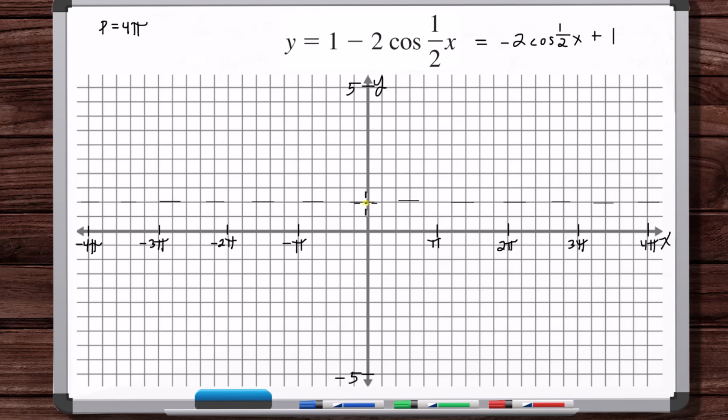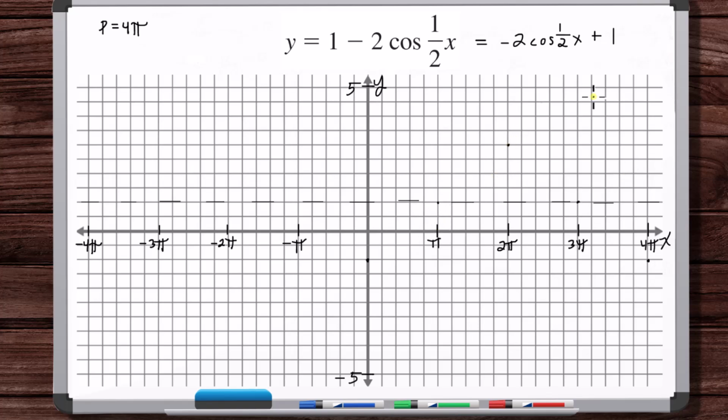The cosine curve starts at the positive amplitude, but this is flipped, so we're going to start at the negative amplitude. The amplitude is 2, so we come down to here, and then we're going to end there as well. At the midpoint, it's at the other amplitude, and at the quarter points, it goes through the average.